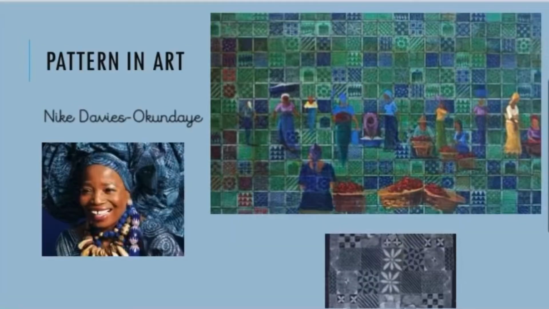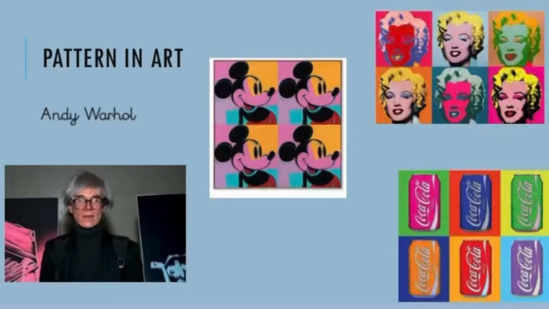On this slide you can see some beautiful pieces of artwork by Davies-Okundaye. She is a Nigerian artist that uses her background to inspire her work and mostly works on textiles, which is material, and here you can see some really beautiful patterned images. These pieces of artwork were created by the American artist Andy Warhol, who is very famous and began a style of art called pop art.